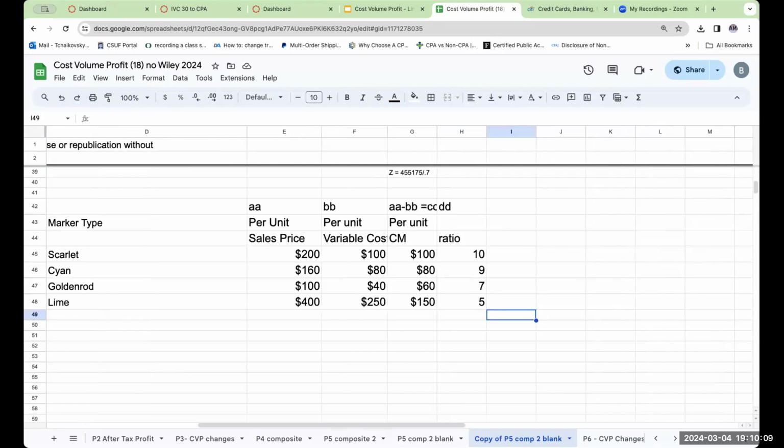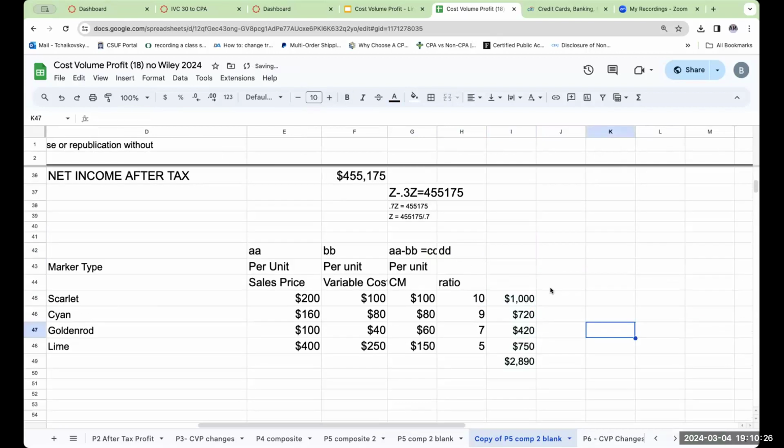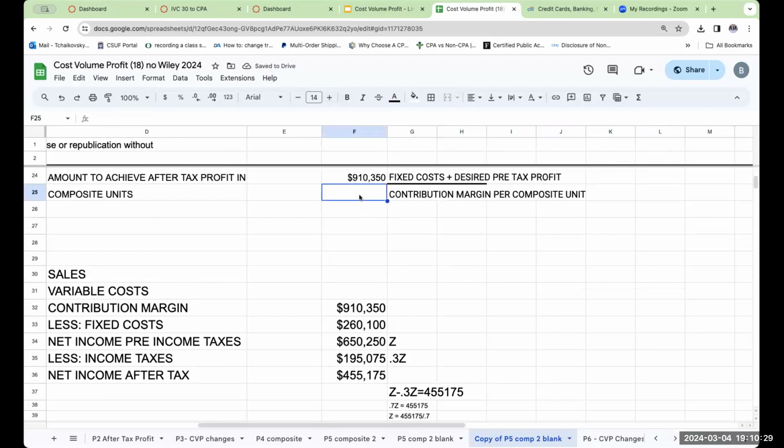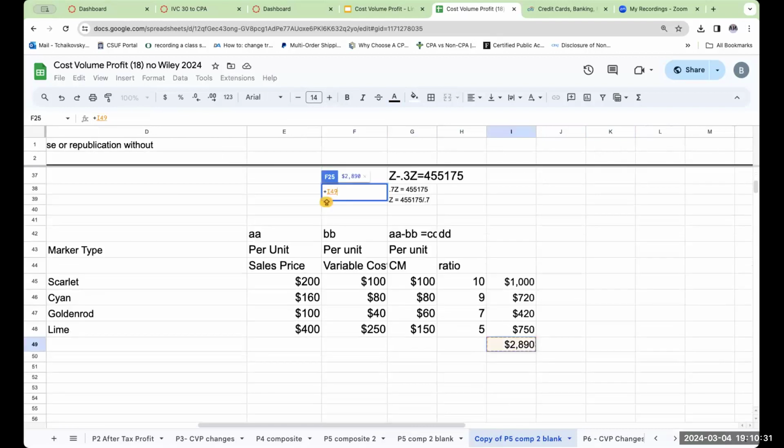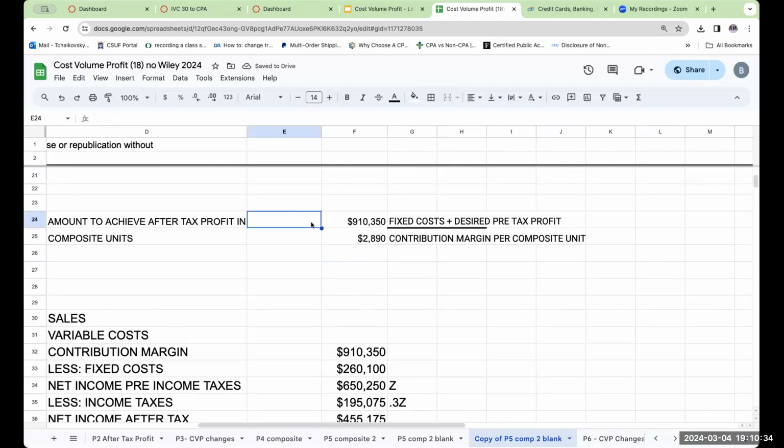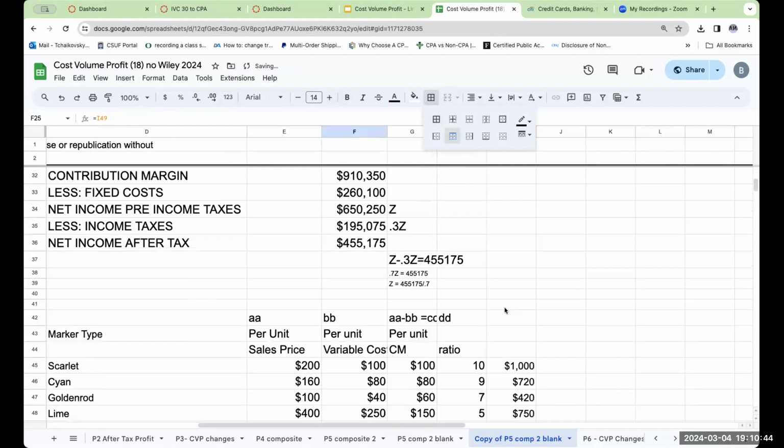Coming over here, my contribution margin per composite unit is going to be exactly the same as my previous question, or 2,890. So what I now need to do right over here is the number of composite units I need to sell in order to achieve the desired after-tax profit, which is going to be 315.